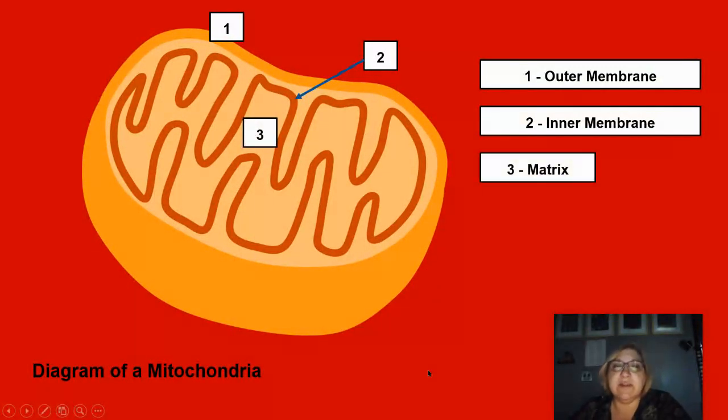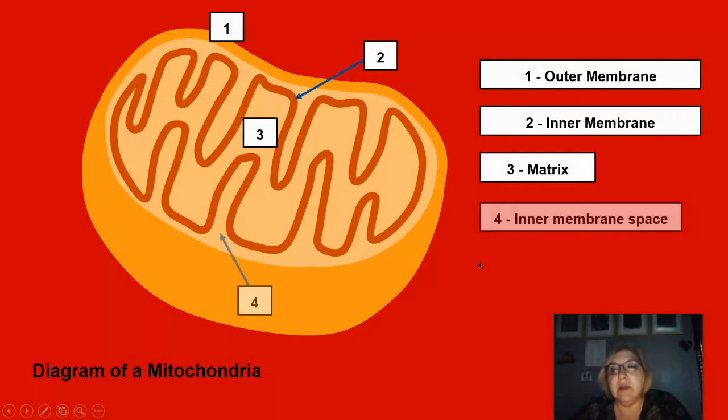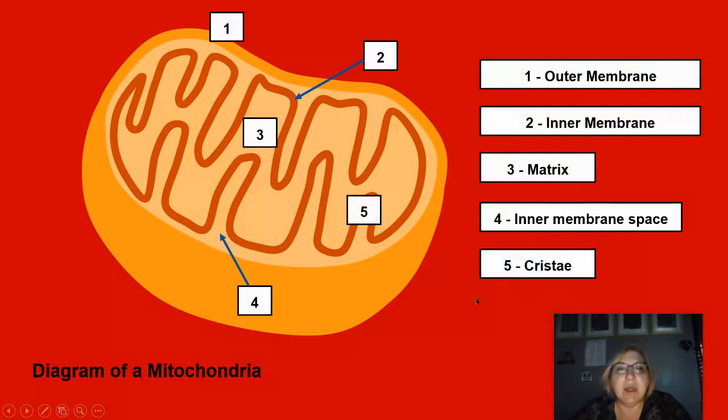Number 3 is the interior part, kind of like the cavity of the mitochondria, and that is called the matrix. And then number 4 is the inner membrane space around here. So there's some space right there in between the inner membrane and the outer membrane. And then number 5, these wrinkly things are called the cristae.